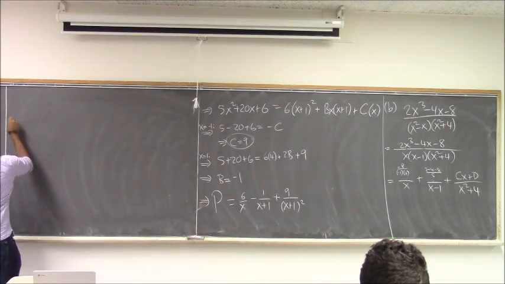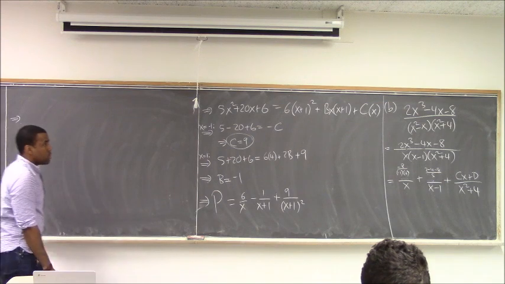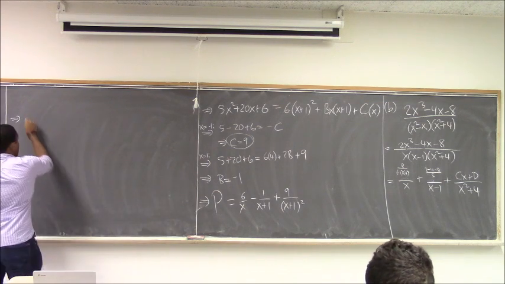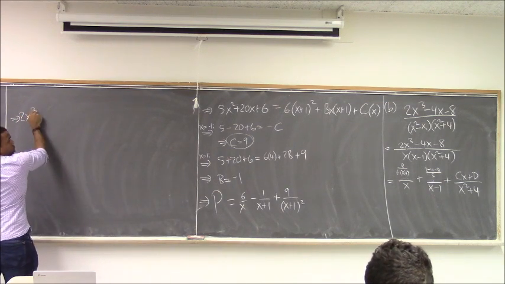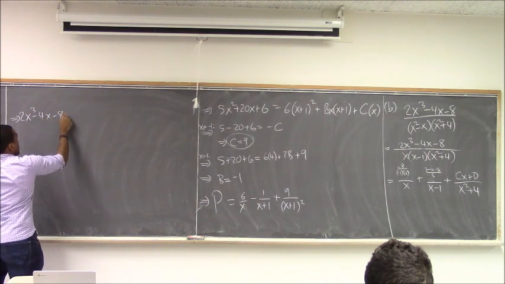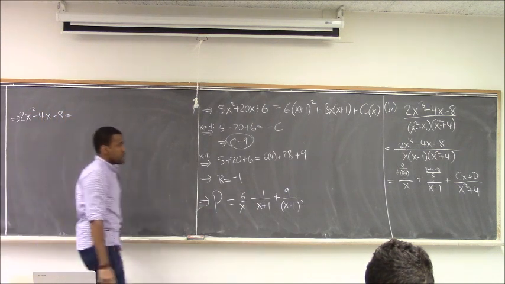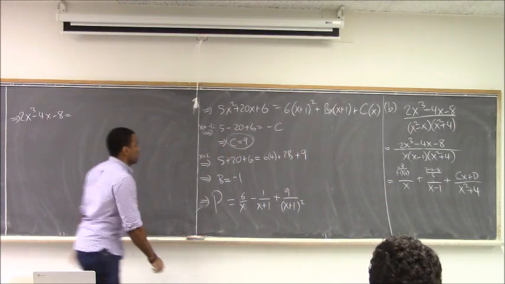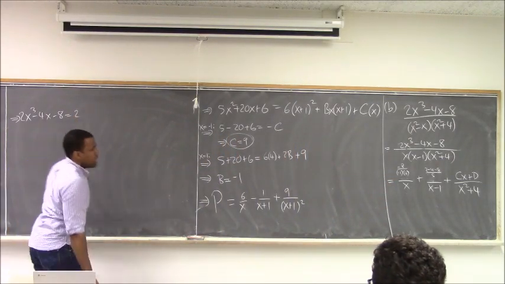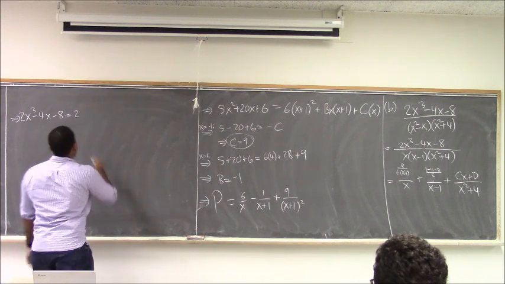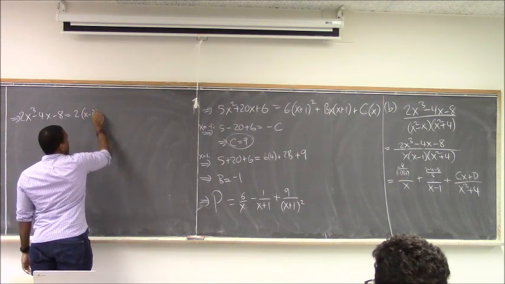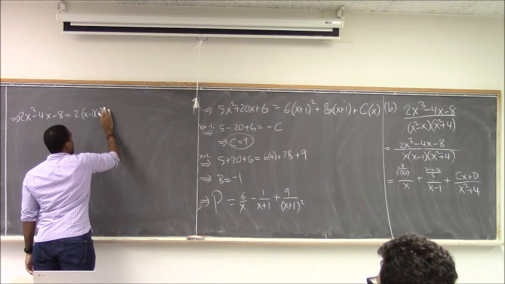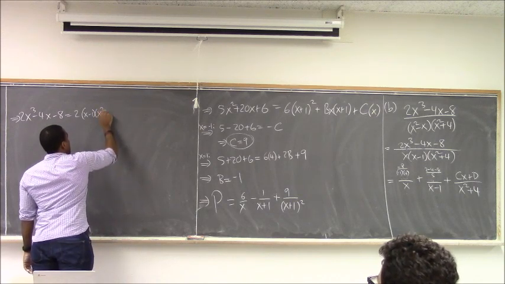Okay, so other than that, we multiply both sides by the denominator on the left. So we have 2x cubed minus 4x minus 8 equals, what is this going to be? That's just going to be 2. Yes. And if I multiply that, the x's are going to cancel. I'm going to have an x minus 1 times x squared is 4.